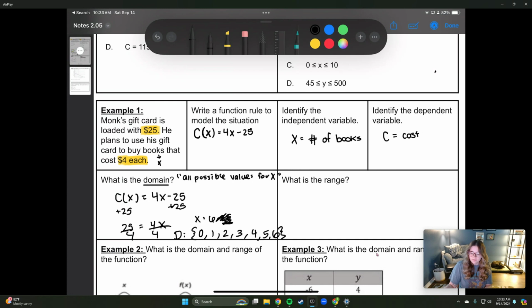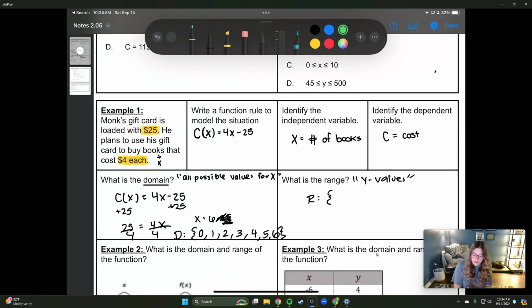Okay, let's move on to our range. Our range is our y values. Okay, y values, or the dependent variable. So for every input, what would be the output? Okay, so we're going to say our range. We're going to do our squiggly again. So if he bought 0 books, how much money would he be spending?